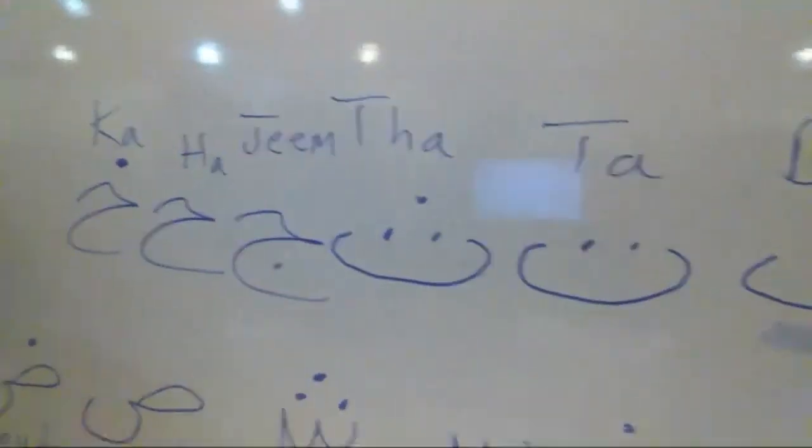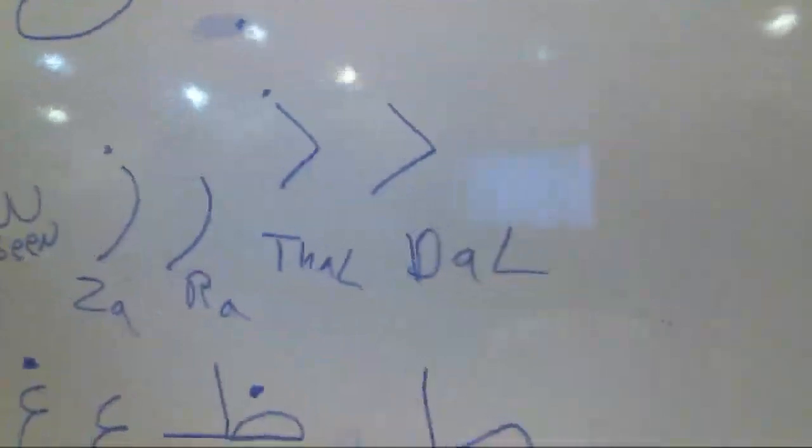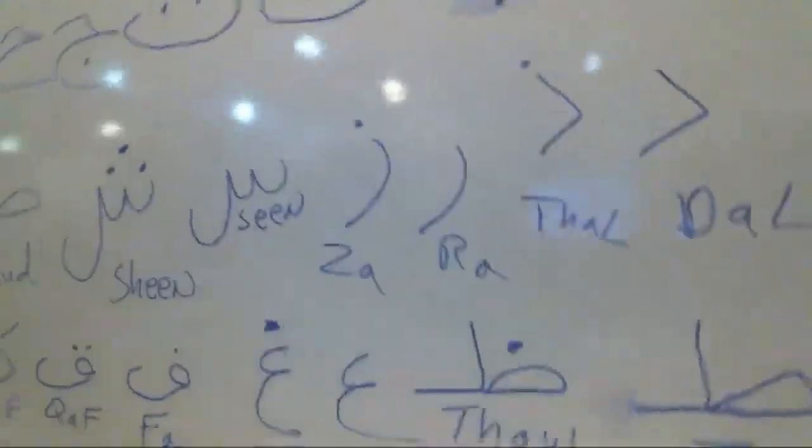Okay. So this is the whole Arabic alphabet. Alif, ba, ta, tha, jim, ha, kha. Dal, thal, ra, za. Sin, sheen, sod, dod.